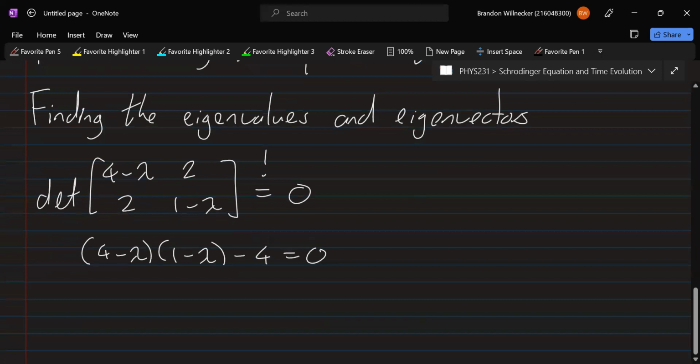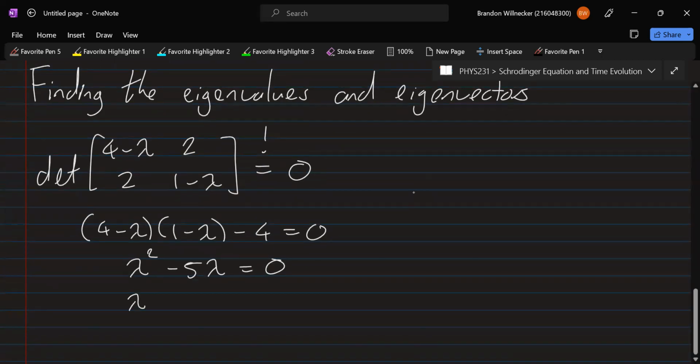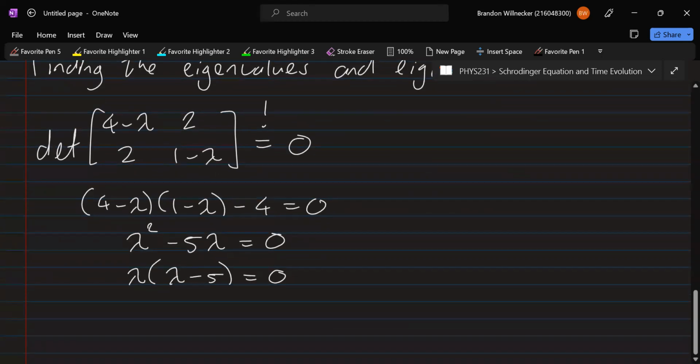We can expand this out, and we're going to end up with lambda squared minus 5 lambda is equal to 0. So lambda times (lambda minus 5) is equal to 0. So we get 2 eigenvalues: lambda 1 is 0, and lambda 2 is 5.